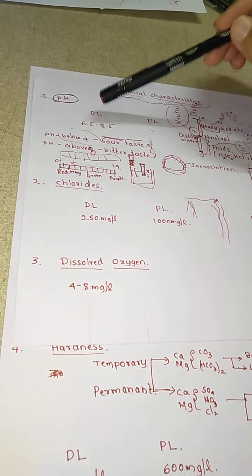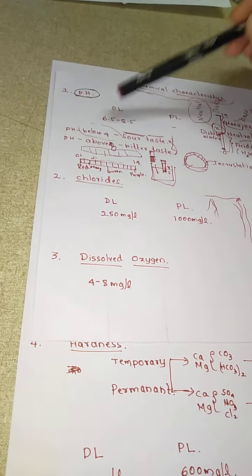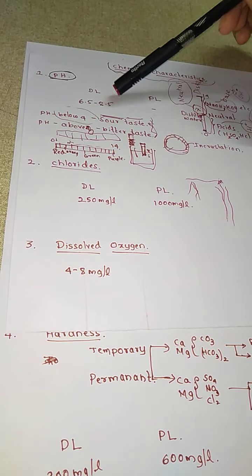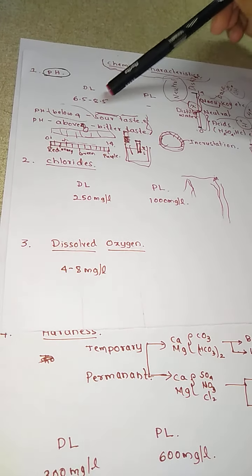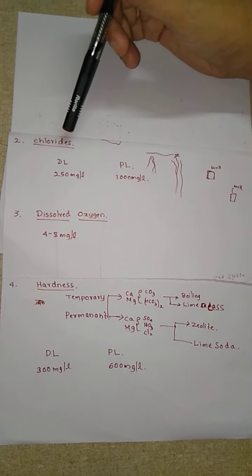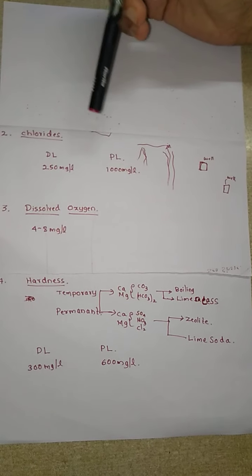So the desirable limit itself is needed for pH. It should be between 6.5 and 8.5, and remember, it does not have any units.